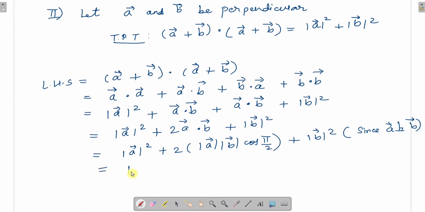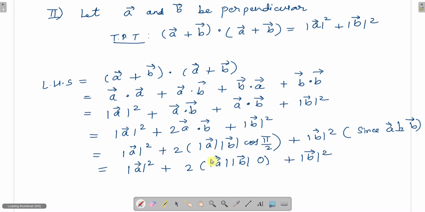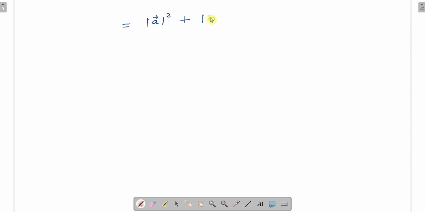So this will be equal to magnitude of A bar square plus 2 times magnitude of A bar times magnitude of B bar, cos pi by 2 is 0, right, plus magnitude of B bar square. So that means what we will get is magnitude of A bar square plus, this will be 0, right, 2 times 0 is 0, and what we will get is plus magnitude of B bar square.